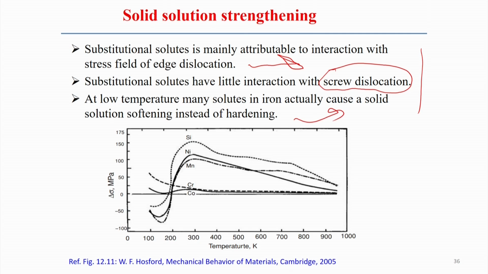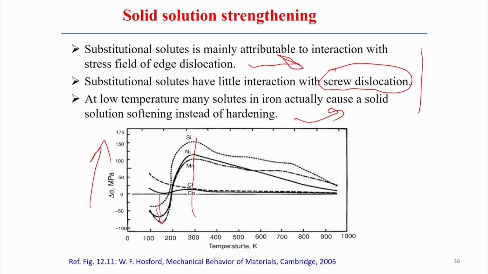There may be some other effect in this case, but practically there is a change of the stress level in that direction. So here, as a function of temperature, at 300 Kelvin, maybe room temperature, the increment of the stress level is maximum, but below that in certain cases it is subjected to an increment of negative stress value.